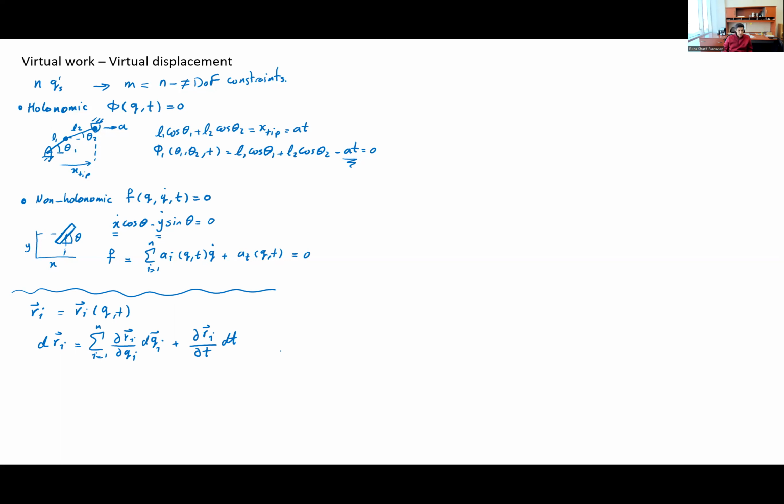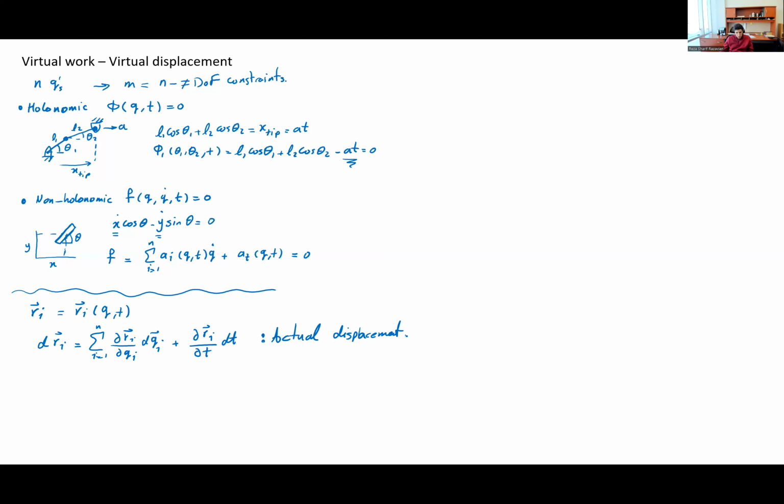So essentially, this says dr, the actual displacement of one of these particles: if I wiggle around each of these generalized coordinates q, how much my particle position changes. So this is an actual displacement, and we're talking about a physical system with certain constraints.